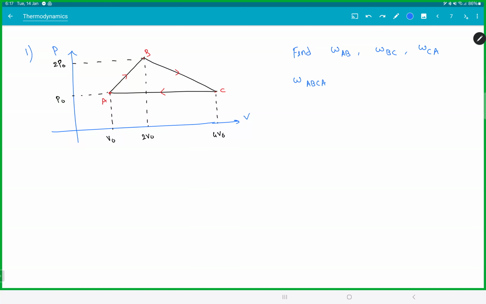If you got some answers, you can type in the chat box to the co-host. Get them fast. It is just simply finding areas. Be careful with signs. You have to tell me positive or negative.